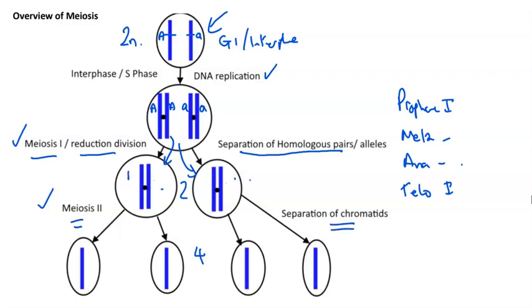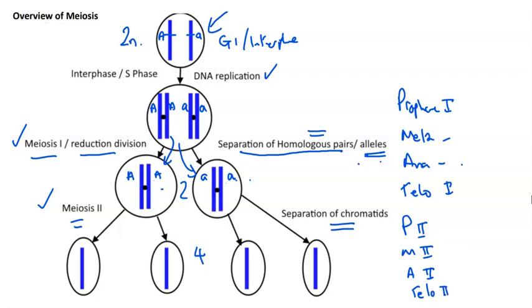Now, if we just hesitate at that point, notice that after the first round, we have separated not only the homologous pairs, but we have separated the different alleles for a gene, and these will end up in different gametes.